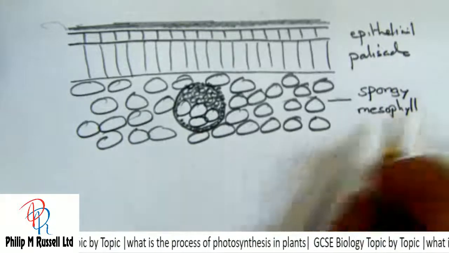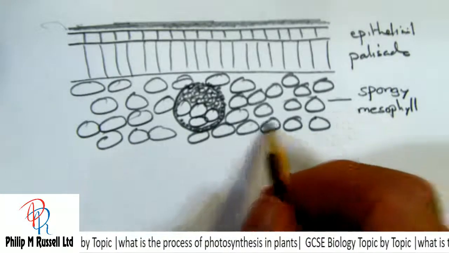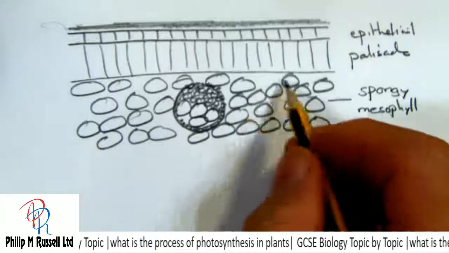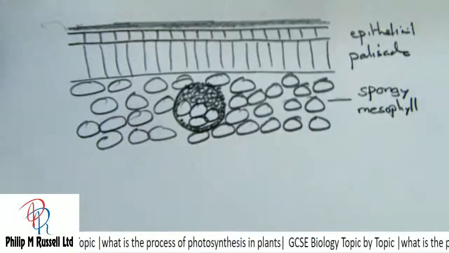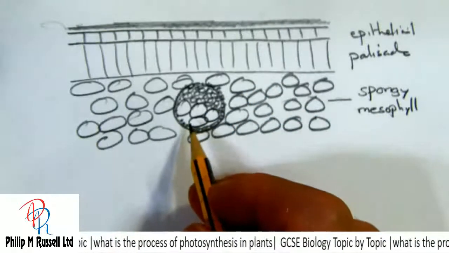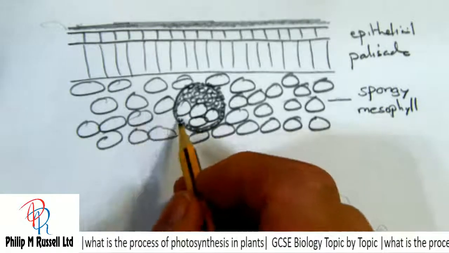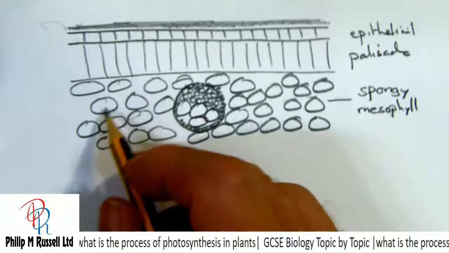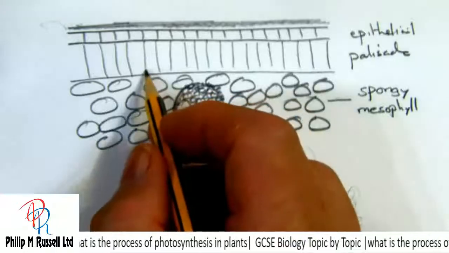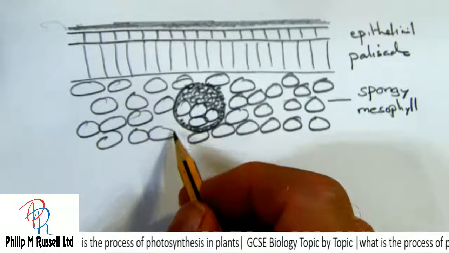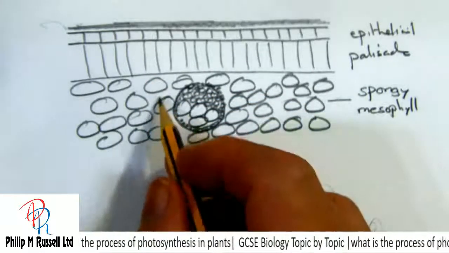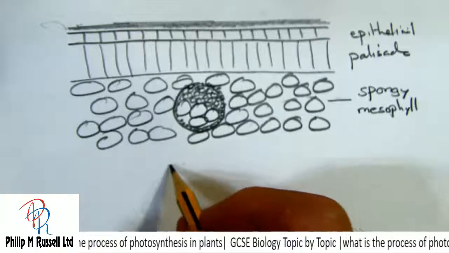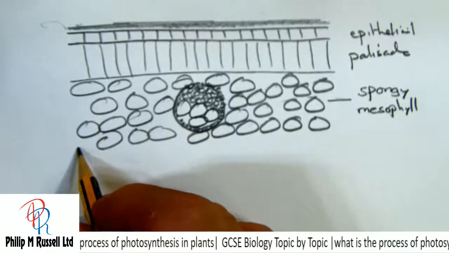The spongy mesophyll cells allow air to move around. Water comes up through the xylem, leaks out here, and water moves around. Water is required for the photosynthesis, and we want to release the oxygen produced and take in carbon dioxide.